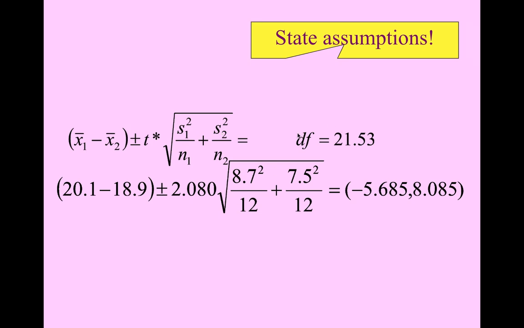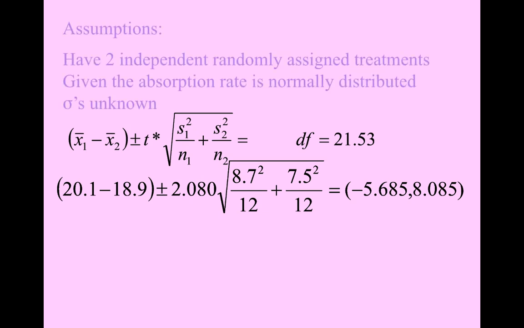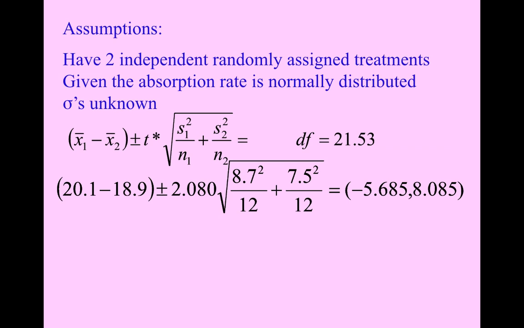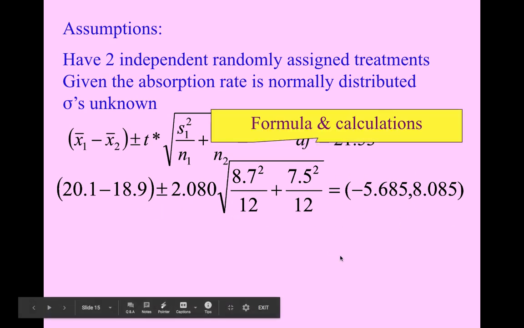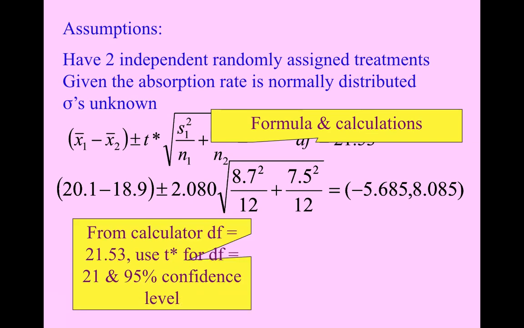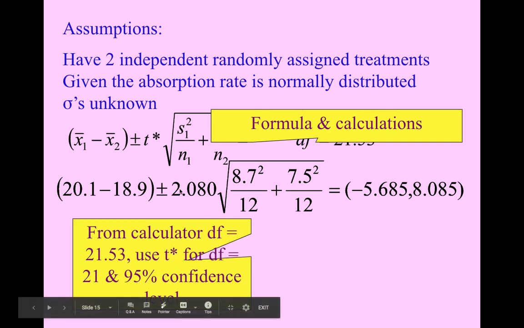And then we have 21.53 degrees of freedom if we use our calculator to determine the degrees of freedom. It is safe for you to use 11. That is fine. And when we plug our numbers in, we get an interval that's something like this. Again, that's a calculator degrees of freedom.